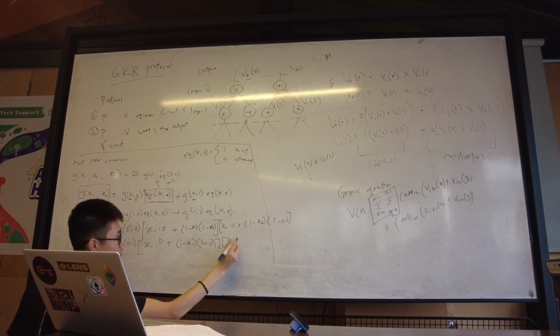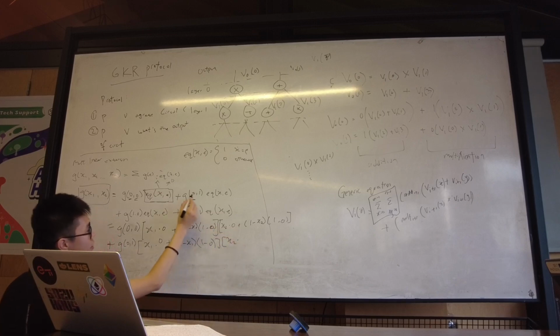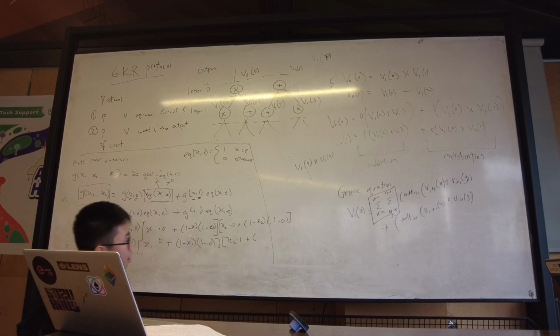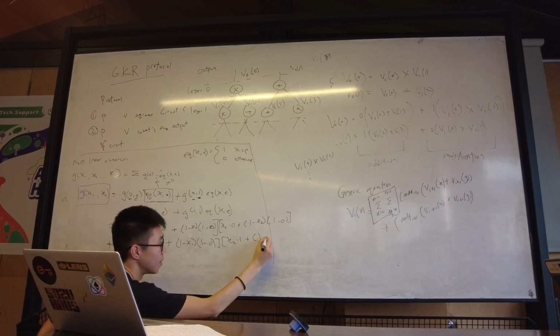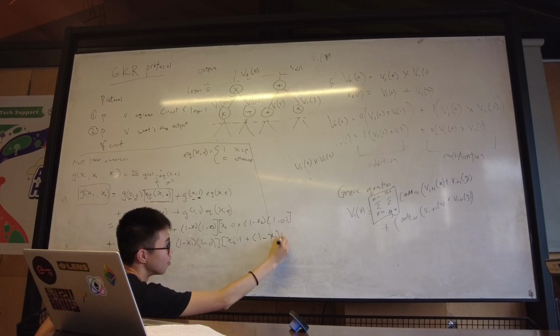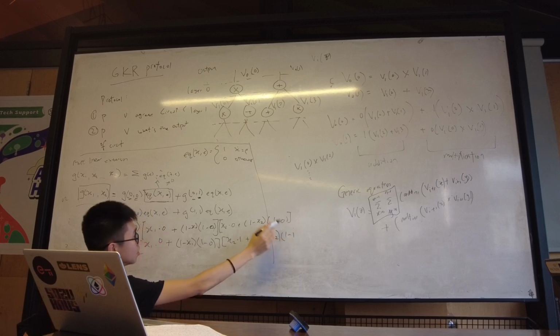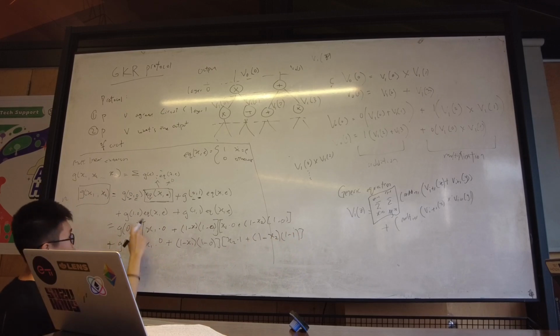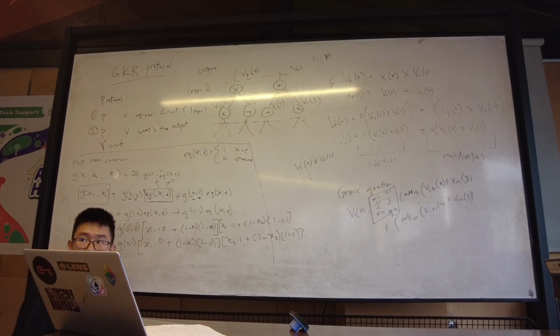And this is x2 times e2, where e2 right now is 1, plus 1 minus x2 times 1 minus 1, because e2 is 1 this time. And then you'll do the same for the remaining two terms, if that makes sense.